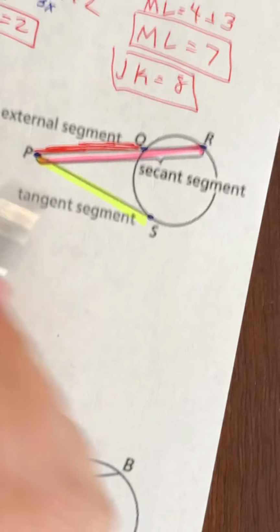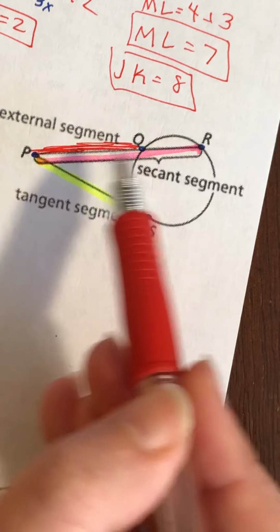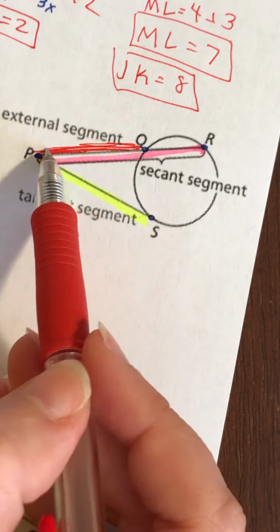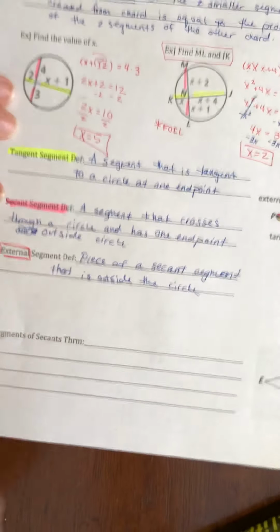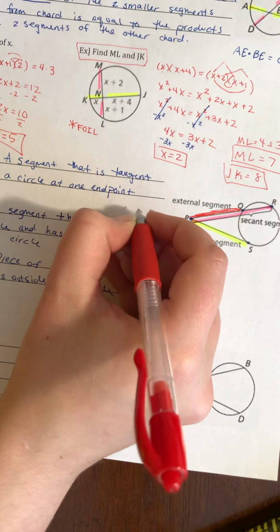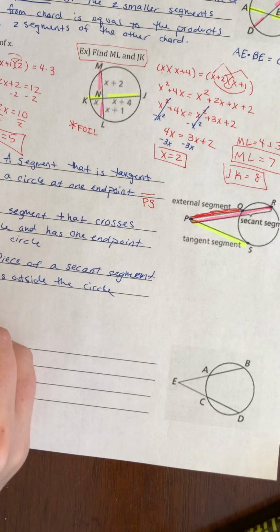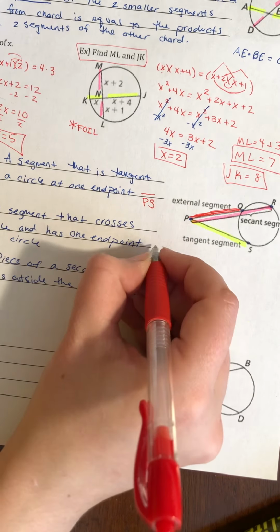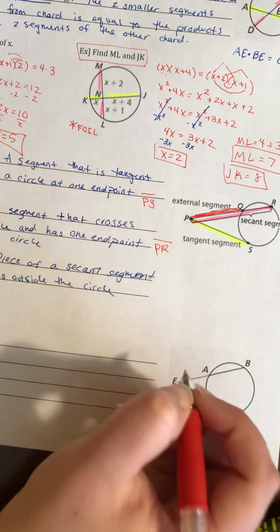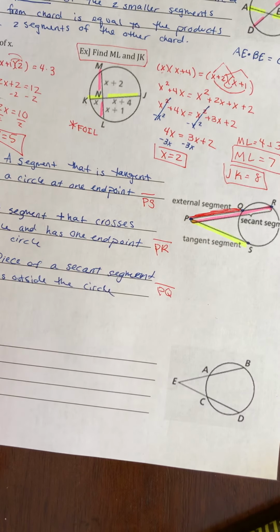So the tangent segment is here, the secant segment's this whole thing, and the external segment is just PQ right there. Let me put those names there too. So the tangent segment, that's PS, the secant segment is PR, and the external segment is PQ.